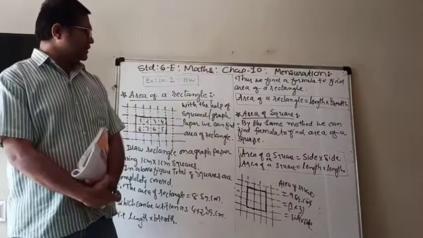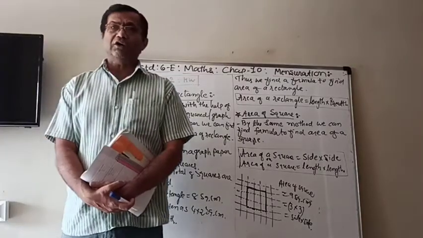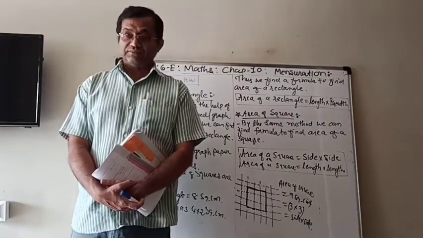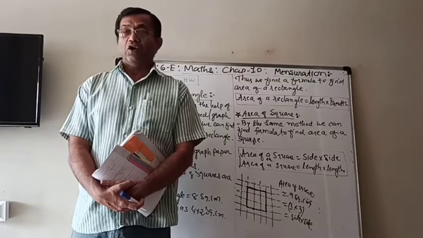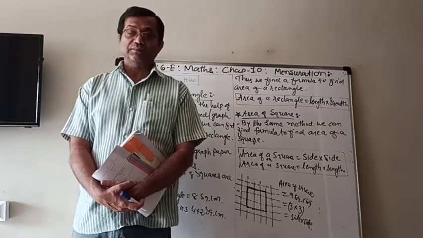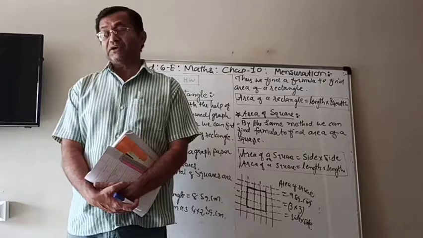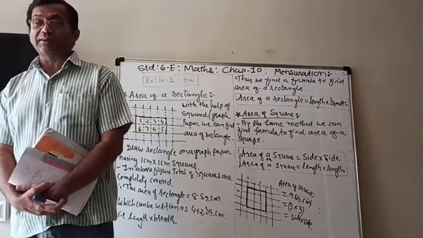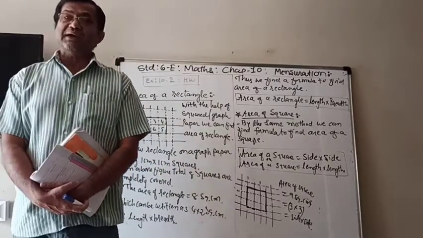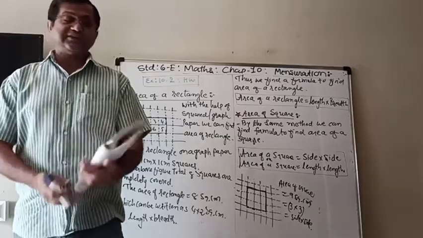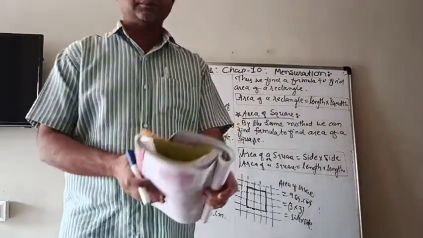Now, as we already saw how to estimate the area of a closed figure by using graph paper or squared paper, on the basis of that, exercise 10.2 is given. In it, different figures are already shown on the graph paper.